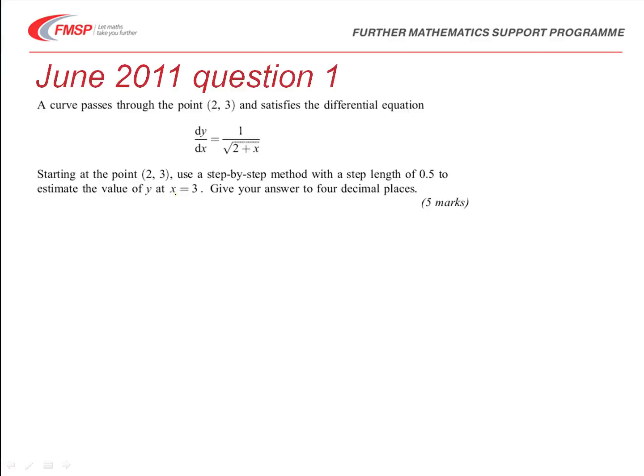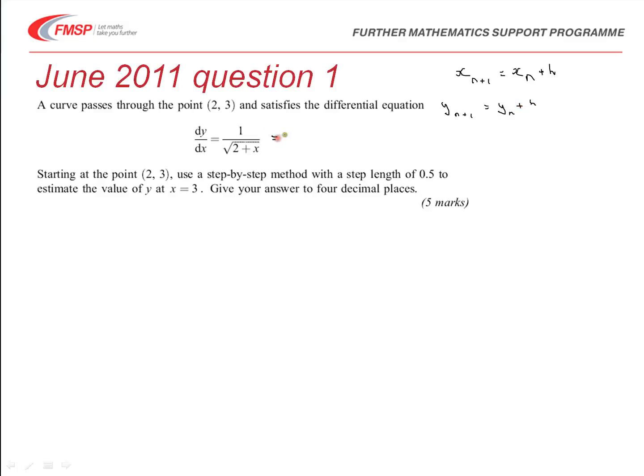Now, there are two formulas we need to remember for this. Firstly, any new value of x, x(n+1), is xn plus whatever the step is, because the step is how far you're moving in the x direction. And to calculate the new value of y, y(n+1), you take the old value of y and add on h times the gradient.